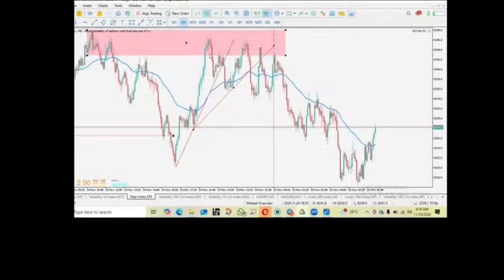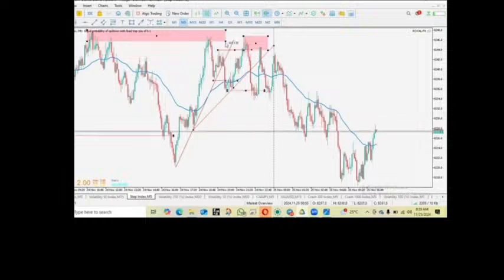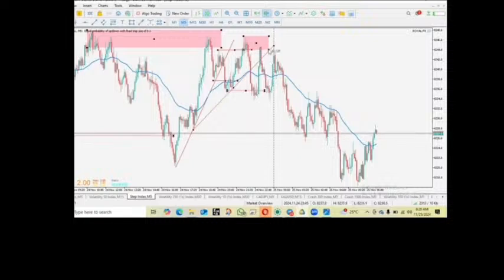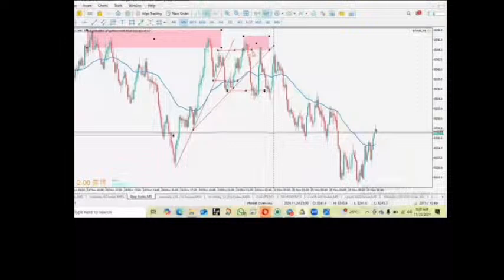Okay, so it gave us a choke. After a change of character, price pulled back to another block, which is our lower time frame point of interest, and that is our entry point. Whenever this happens, we have our confirmation. So that's our entry point, and that is exactly how I took this trade.